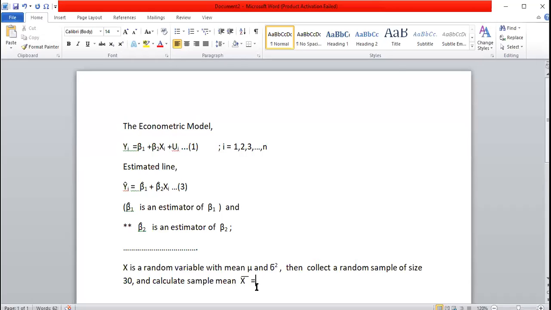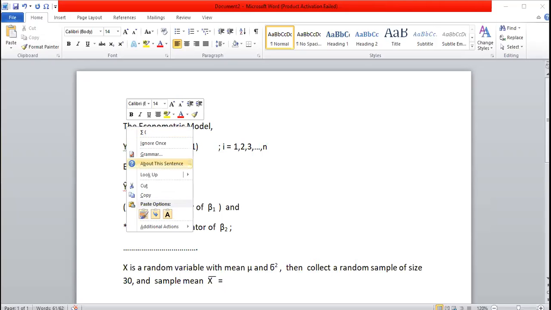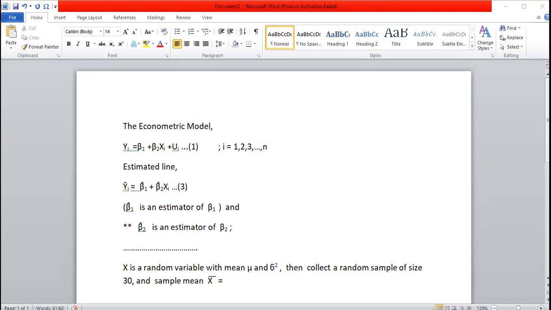One from one sample. And if somebody else collects another sample, then what will happen?